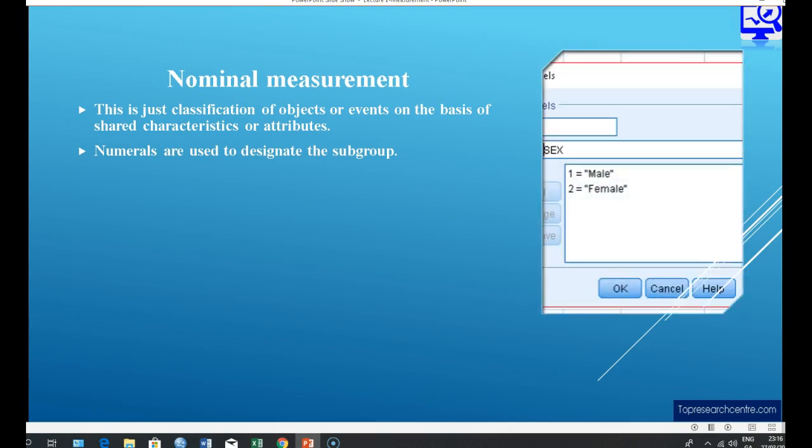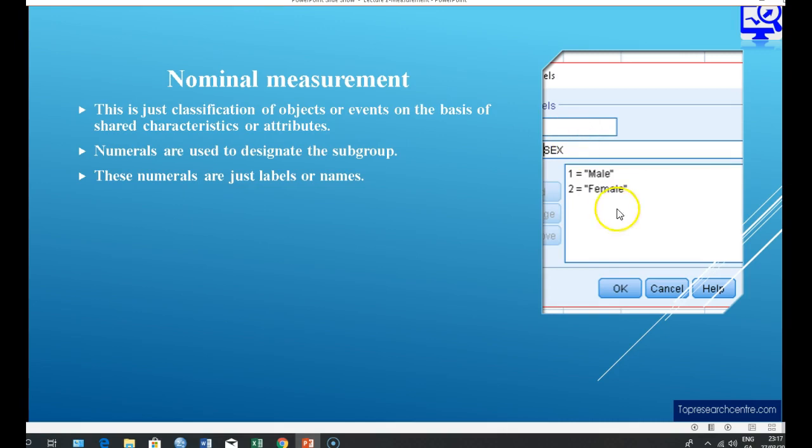In our last lecture, we assigned 1 to males because they have the same characteristics, and we did the same to females by assigning a 2 because they have shared attributes. So you find that it is just naming or labeling.